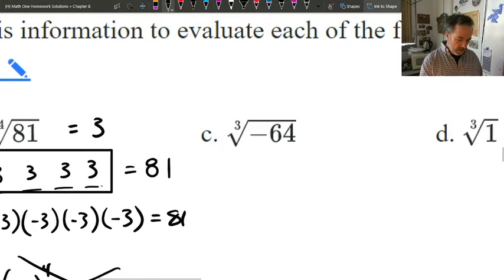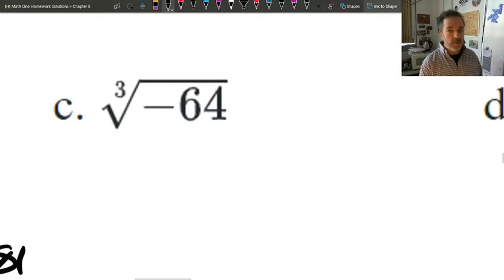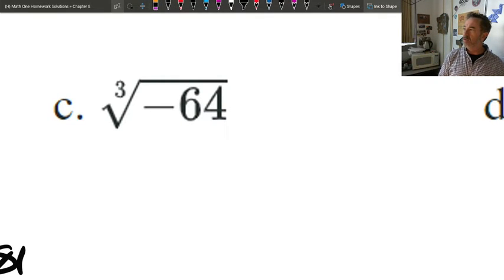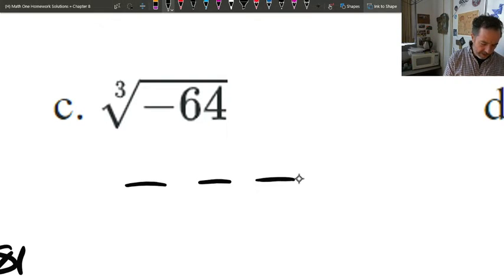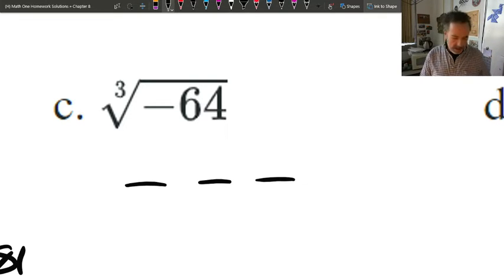Uh-oh. Can I get a negative number with a cube root? Something times itself three times, I think the number is going to have to be negative. Is it 4? 4 times 4 is 16 times 4 is 64. So it can't be positive 4, because that would give me positive 64.